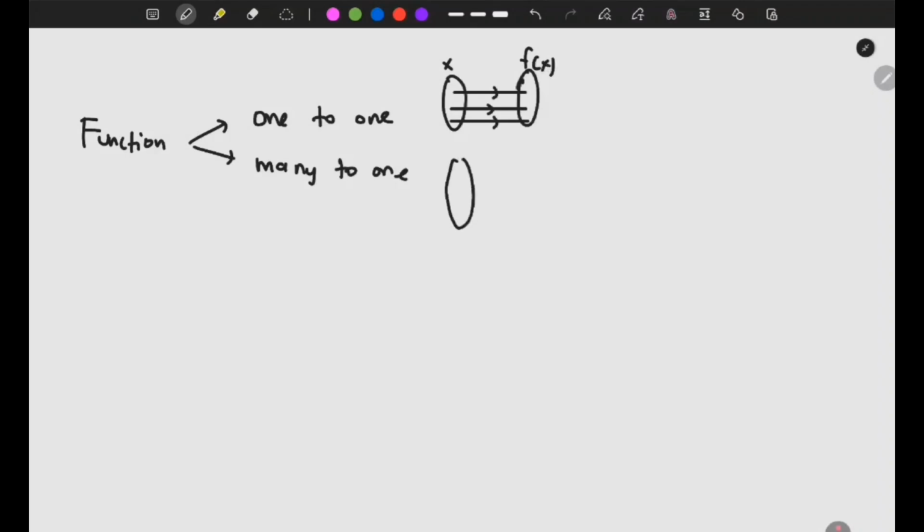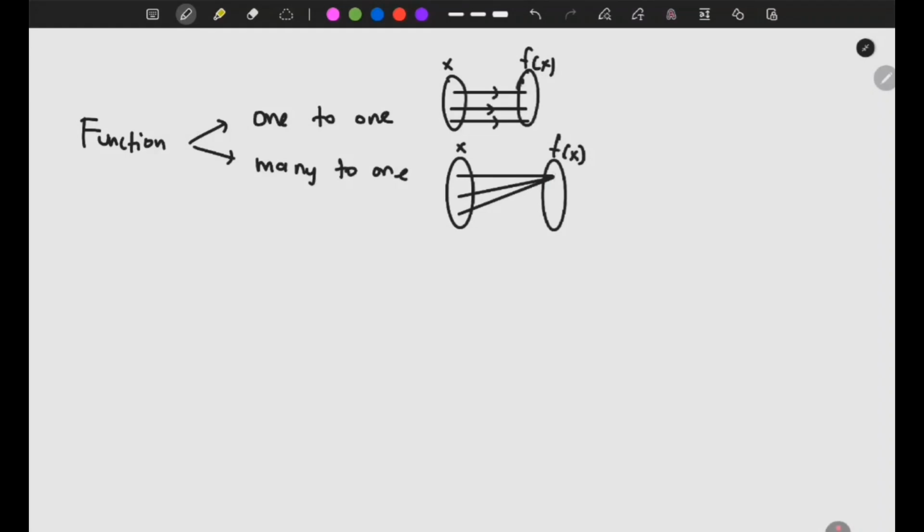If many to 1, it will be something like this. From a lot, many, and it just goes to one place, one image. That's many to 1.